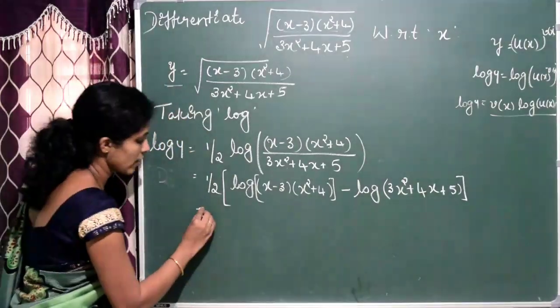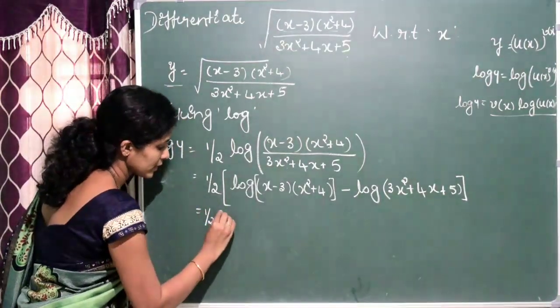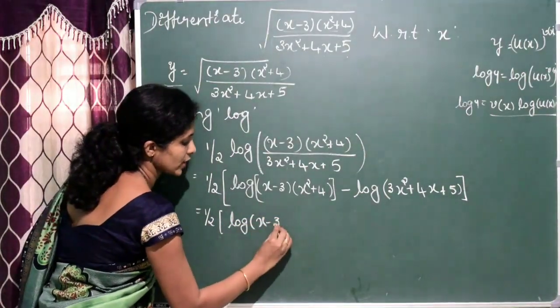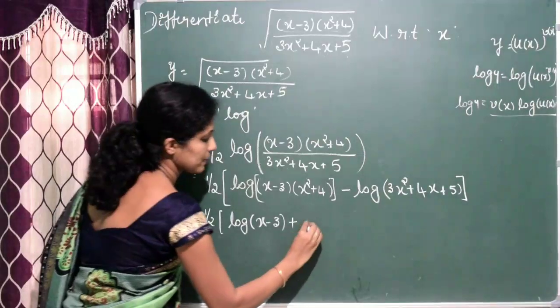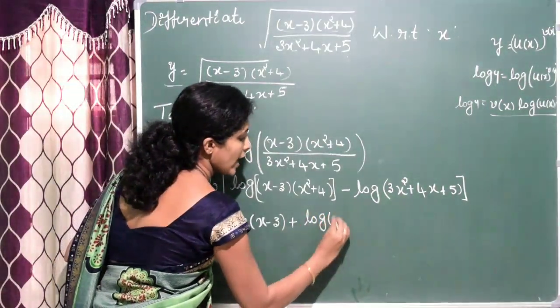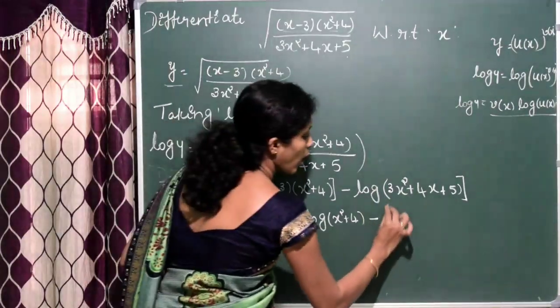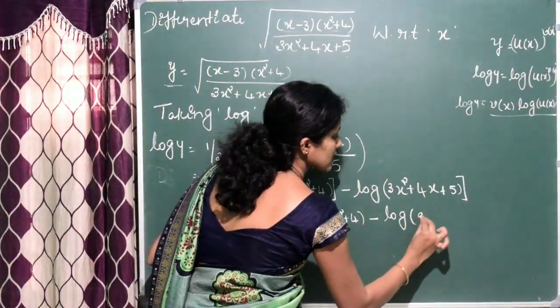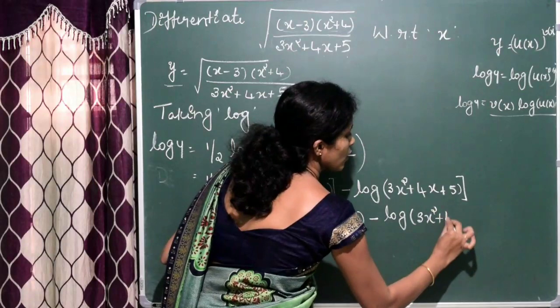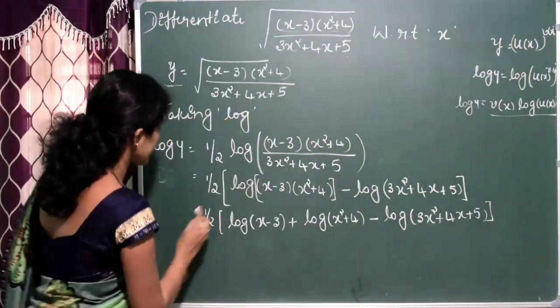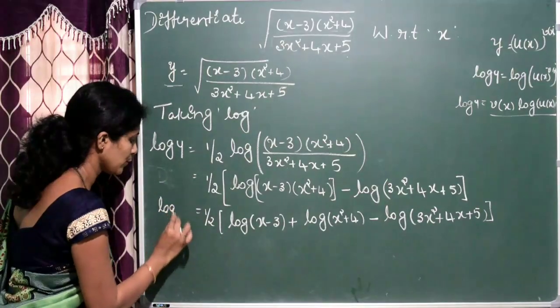In the previous session you have studied this. So 1 by 2 into log of x minus 3, log m into n, log m plus log n, so this will be log of x square plus 4 minus log of 3x square plus 4x plus 5. Now we got log y is equal to this.